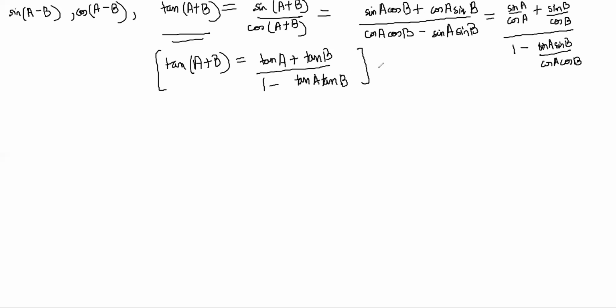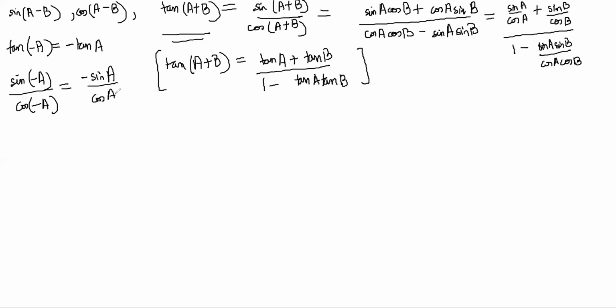And you also know that tan of minus a is equal to minus tan a, right? Because sine of minus a by cos of minus a is equal to minus sine a by cos a.